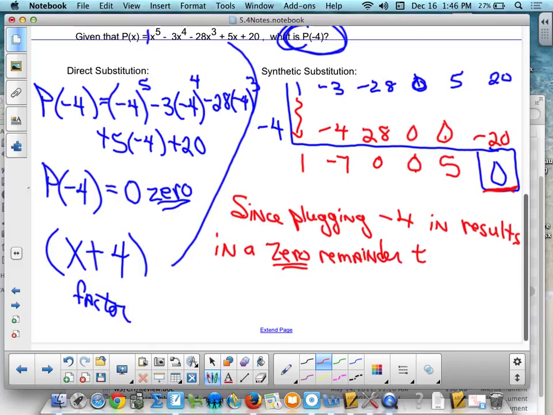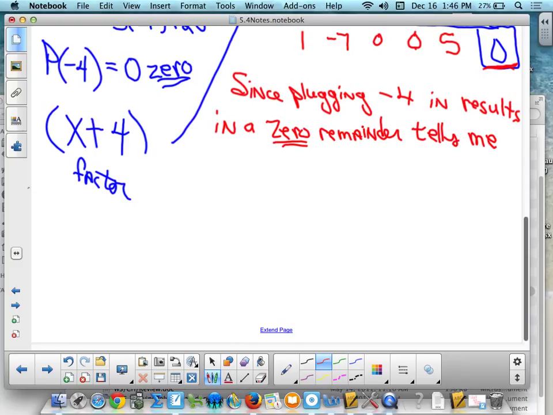What does it tell me? There's a zero remainder, so it goes in evenly. Which means there are two factors. Which tells me what's a factor?